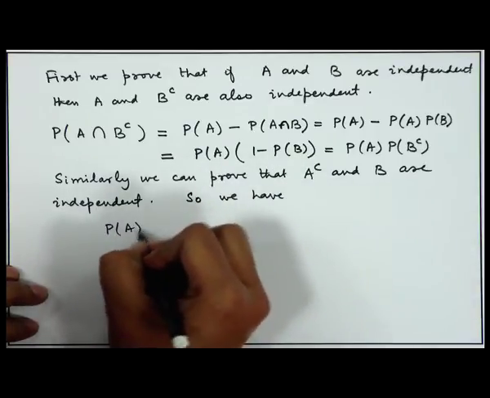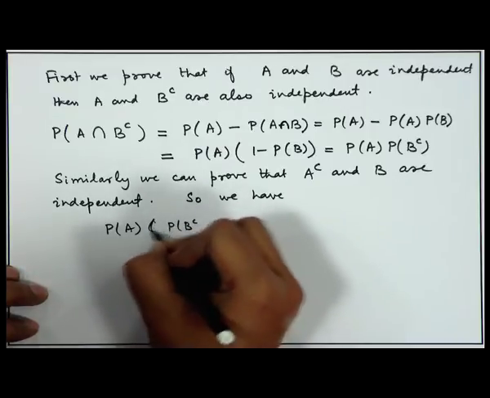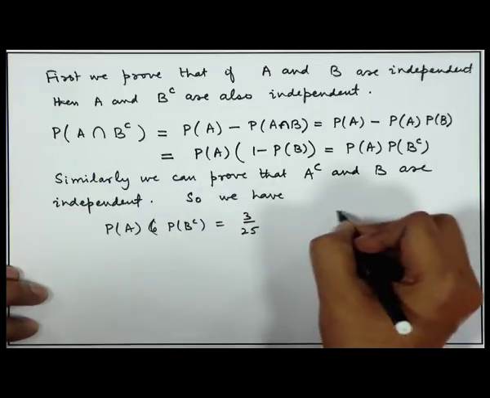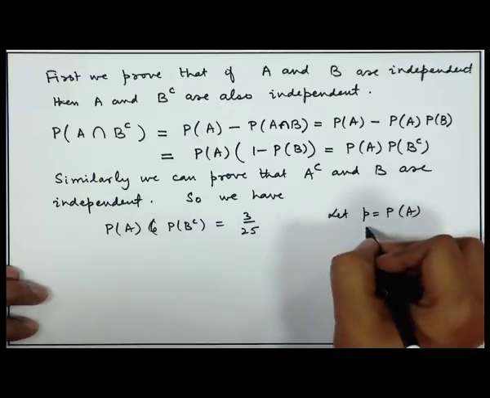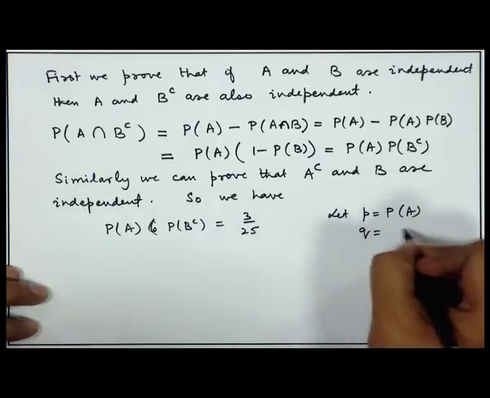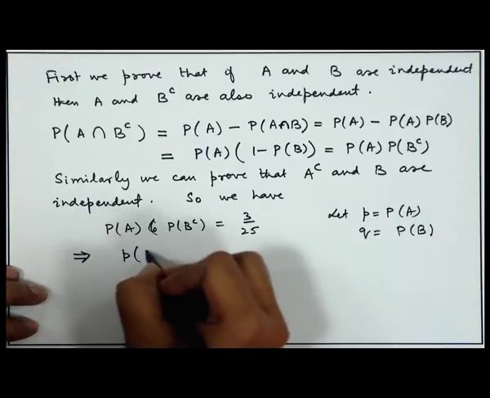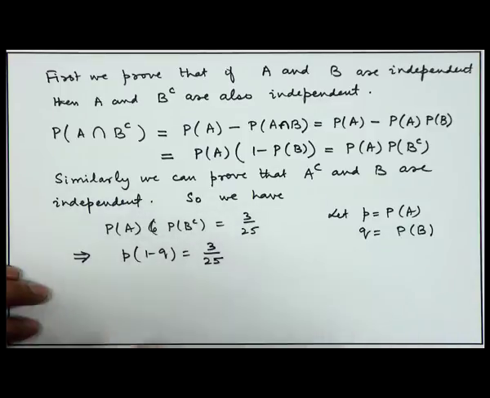probability of A into probability of B complement is equal to 3 by 25. Let us use some notation. Let us write, say, P is equal to probability of A and Q is equal to probability of B. Then this implies P into 1 minus Q is equal to 3 by 25.